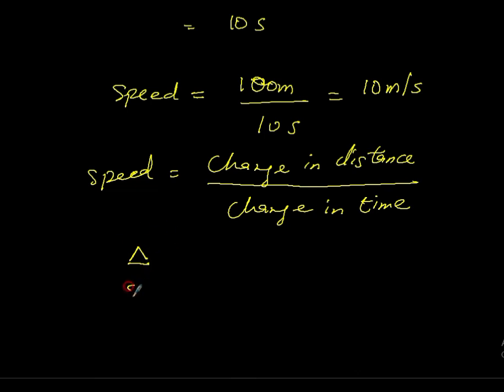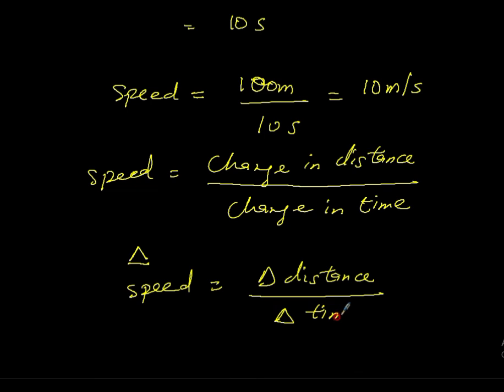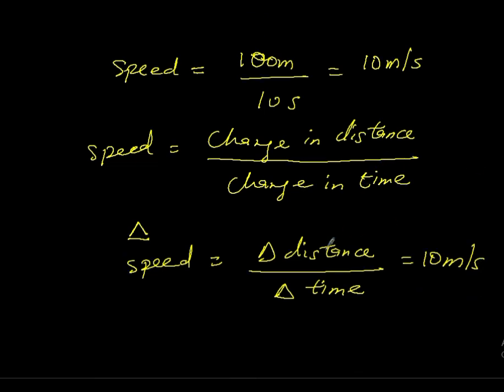So therefore, if we apply that, we can write speed as equal to change in distance all over change in time, which is equal to 10 meters per second. Since speed is distance over time, where y represents distance, let's go back to our graph.